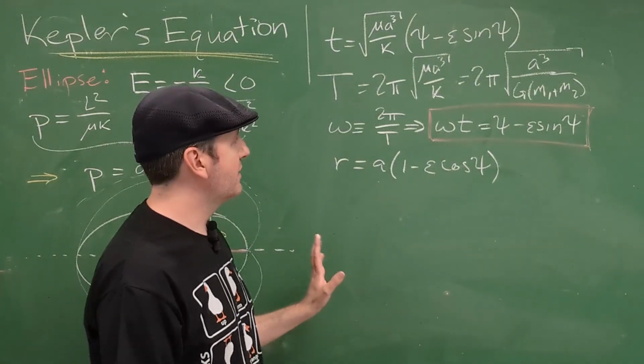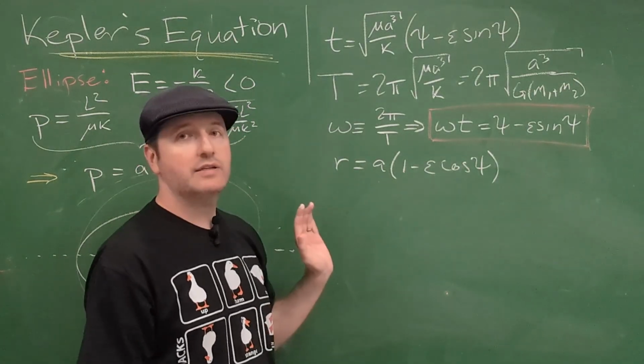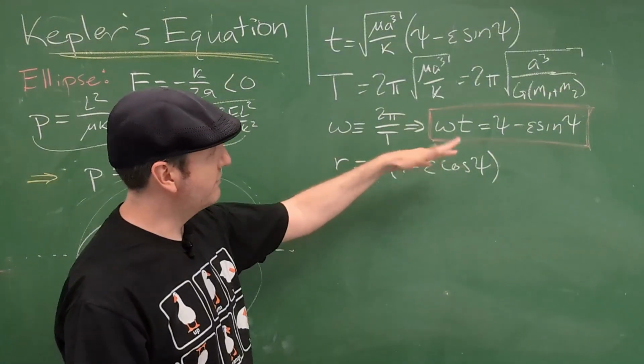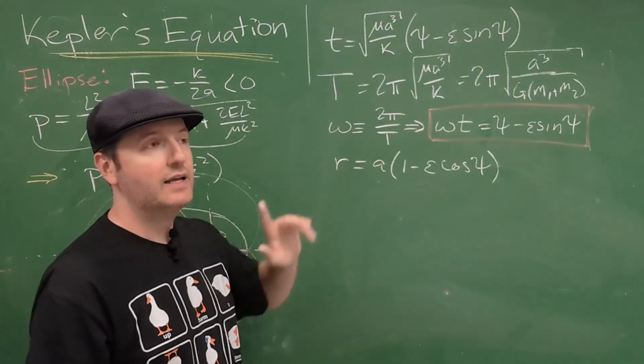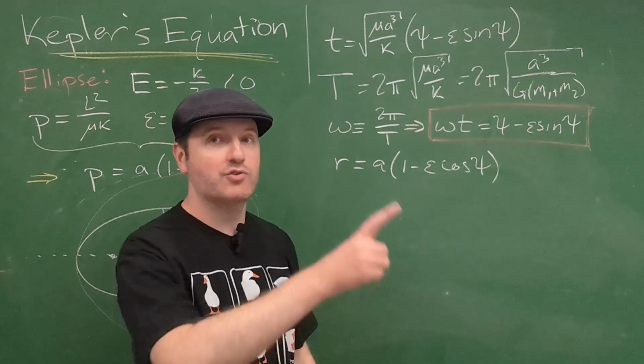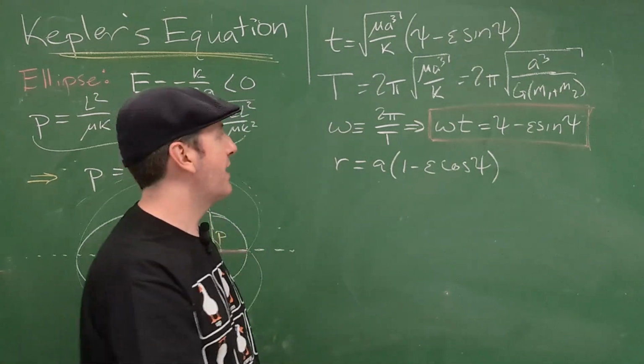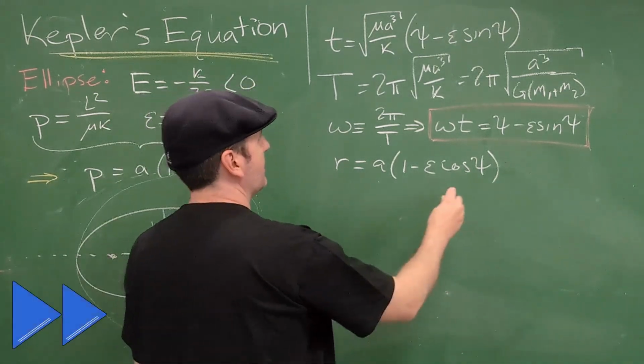As a final step here, we can also relate psi directly to phi. So the eccentric anomaly, psi, can be directly mapped onto the actual polar angle phi by remembering the orbital equation.